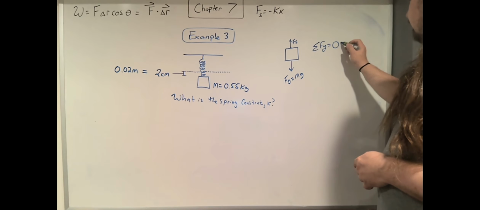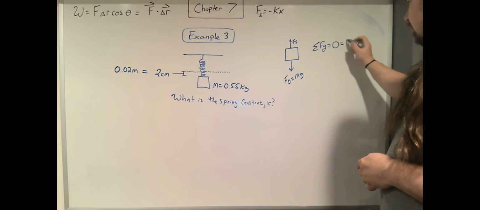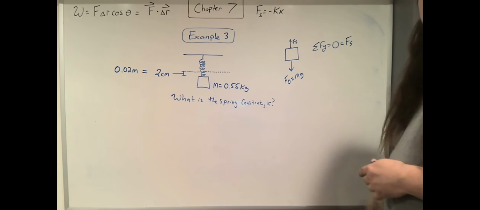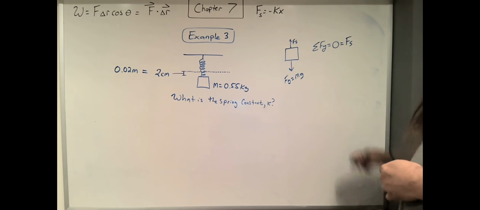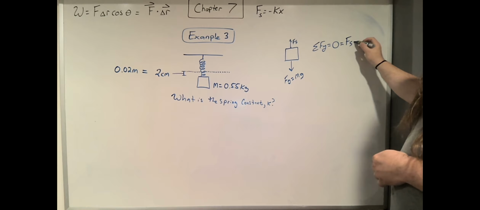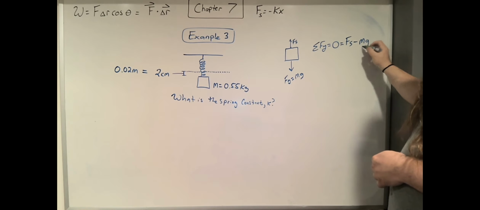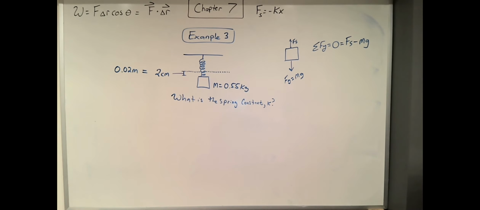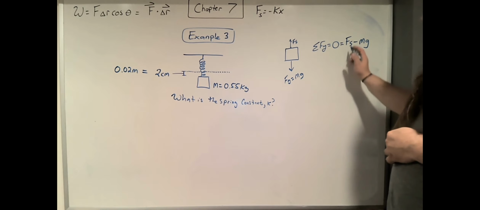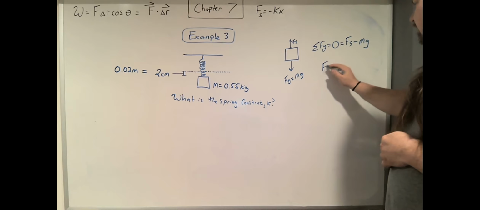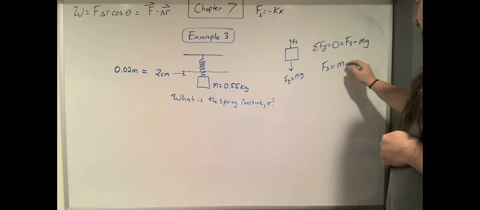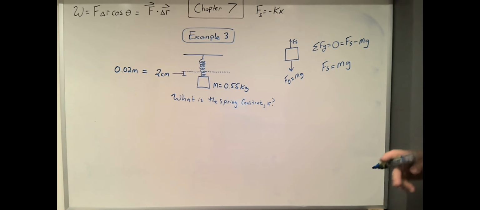So what are my forces in the y? Well, I have Fs pointing up. The spring force is holding it upright. And then, of course, Fg or mg is pointing down, right? So minus mg. So from this, I can see that Fs, my spring force, will be equal to mg.